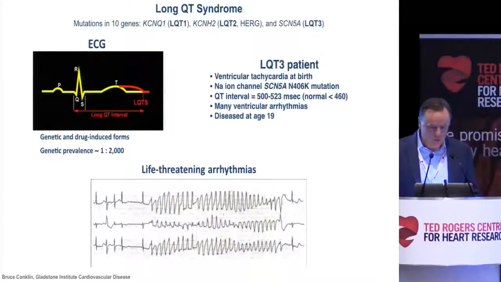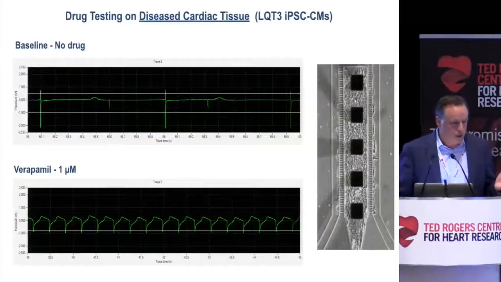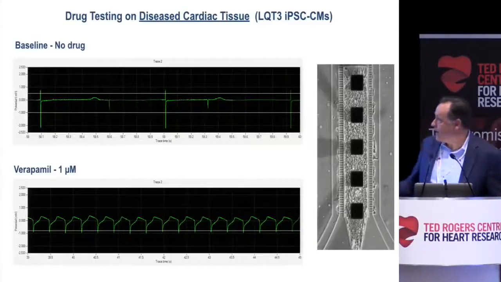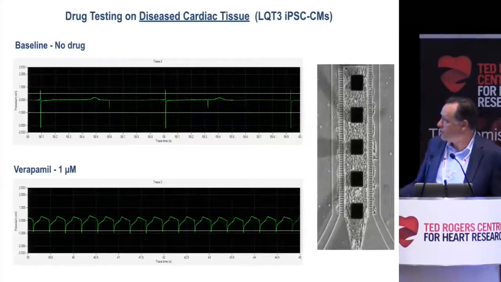If we talk about personalized medicine, this has been introduced. You would use a patient with a certain disease state. In this case, this patient had long QT3 syndrome, with a QT interval of about 500 clinically, a sodium ion channel defect. We could monitor that on our chip now with the electrodes. We can see some aberrant effects, maybe EADs or DADs in the beat rate.